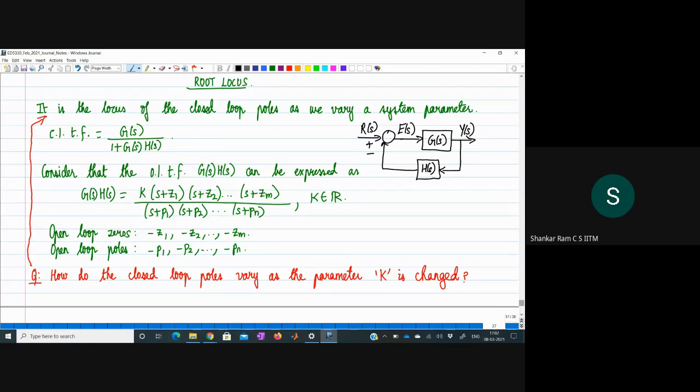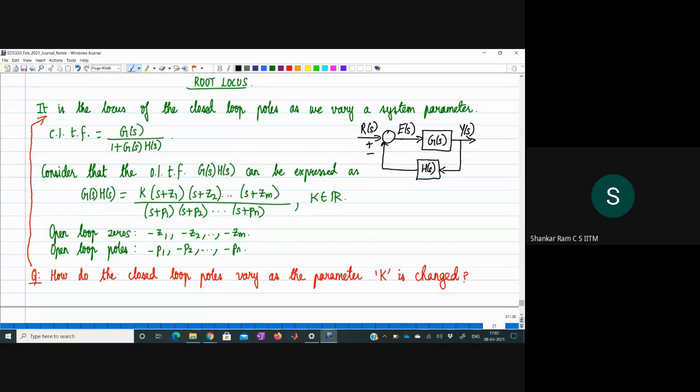As a premise, we start off with the assumption that we would be able to write the open loop transfer function in the form shown here. This is the premise with which we start the discussion on root locus.